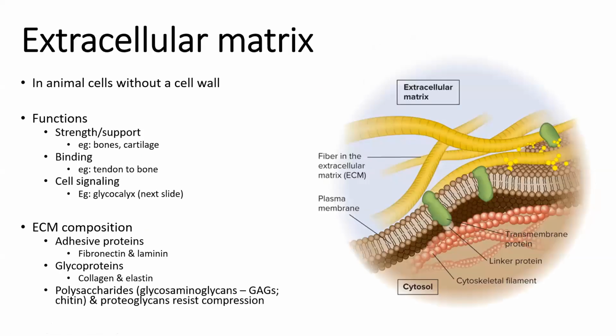Finally, the extracellular matrix. This is found in animal cells. So for example, all of our cells have extracellular matrix, and basically, just like the cell wall in plant cells helps to maintain the structural integrity of the cell and maintain its shape, the extracellular matrix in animal cells helps to, again, strengthen and support, bind cell signaling, help to maintain the structural integrity and basically the shape of the cell.